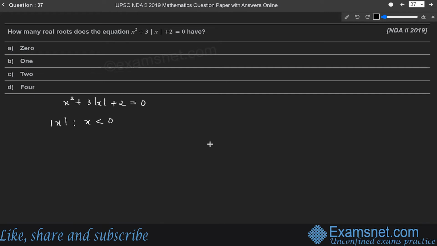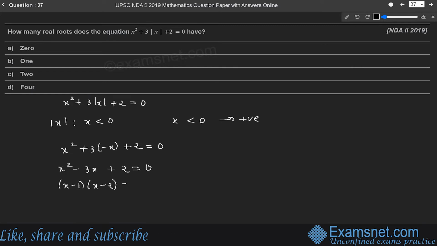So it can be written as x square plus 3 into minus x plus 2 is equal to 0. So it becomes x square minus 3x plus 2 is equal to 0. Now, by splitting the middle term, the factors for this equation will be x minus 1 and x minus 2 is equal to 0. So x will be equal to 1 and x will be equal to 2.